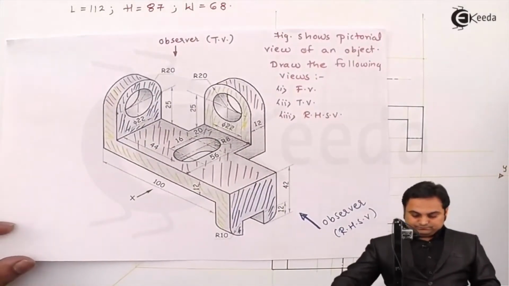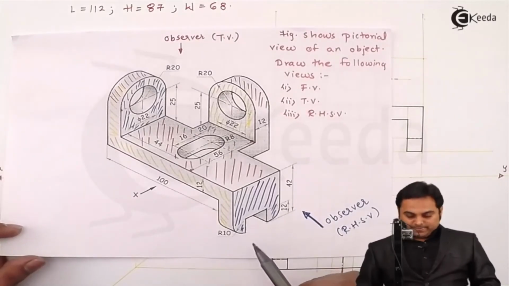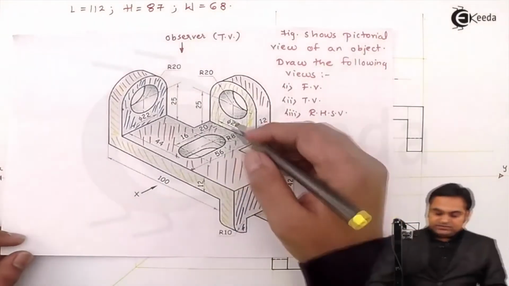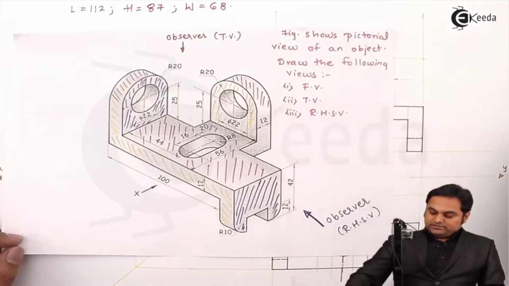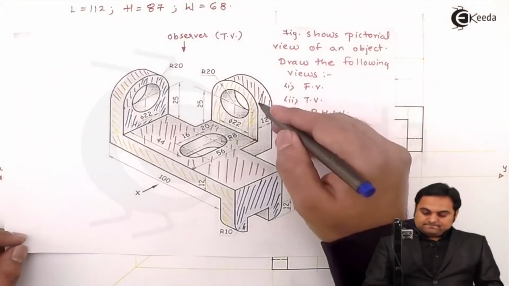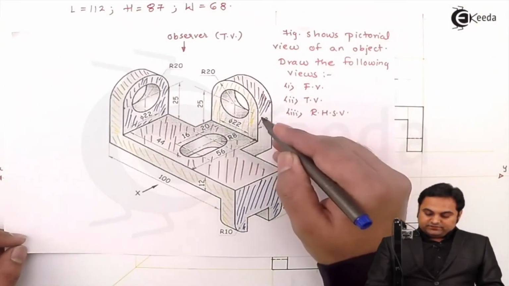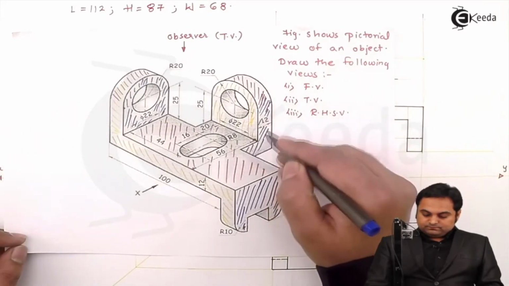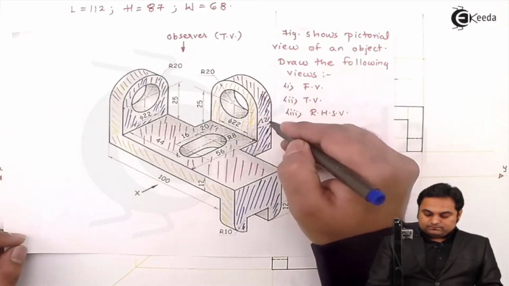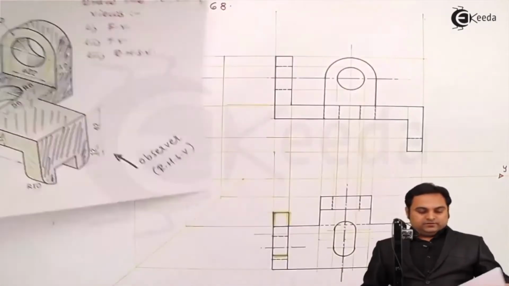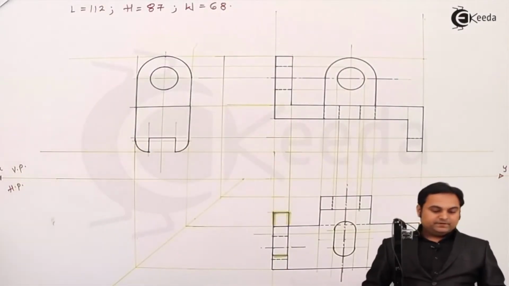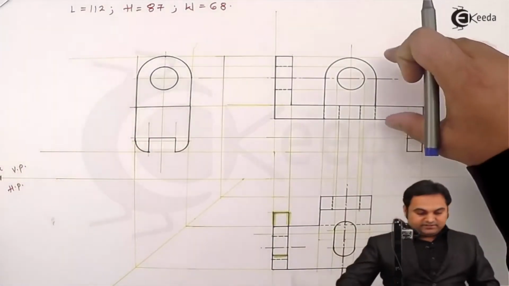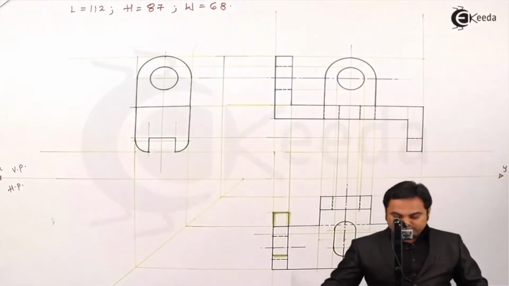Then looking from the side, this part, the vertical surface, is also visible. So projecting it, its height we can get directly from the front view.